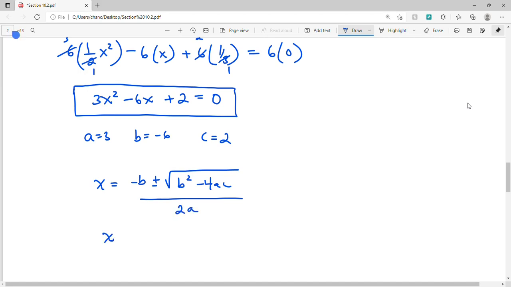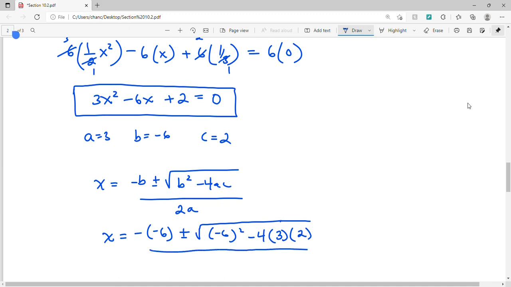So let's substitute in the b. This is a -6 plus or minus the square root of b squared, which is -6 squared, minus 4 times a, which is 3, times c, which is 2. Let's divide it by 2 times 3.